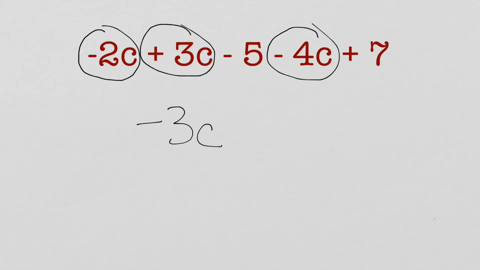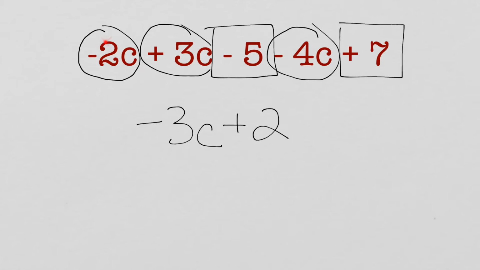Those are constant terms. I have to do those separately. So I'll put a box instead of a circle around those, because those two things go together. I'm going to combine those. Minus 5 plus 7 turns into plus 2. So this whole long expression to start with turns into this nice short negative 3c plus 2.